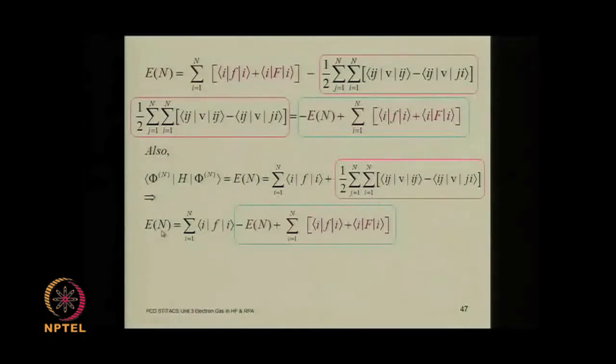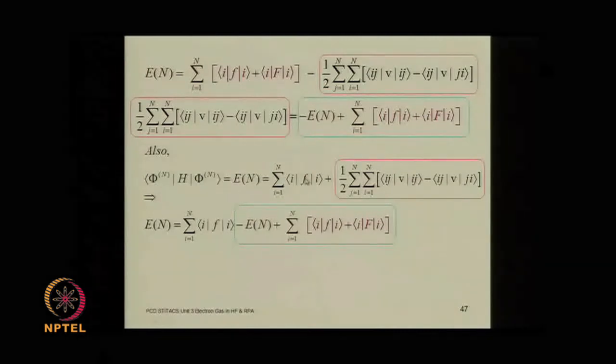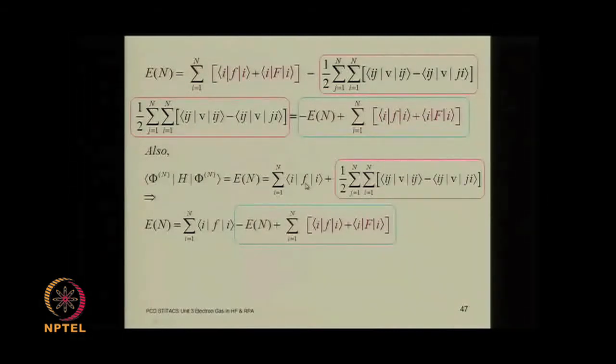So, I have this energy functional equal to this term which is the matrix element of the one electron operator little f, and then you have got the term corresponding to what is inside this blue loop, and what is inside this blue loop is this minus E n. Keep track of the sign here. So, the minus E n comes here and the other two terms come here. We should be careful that we carry the minus sign behind E n correctly.